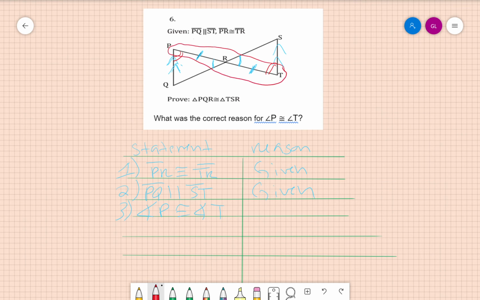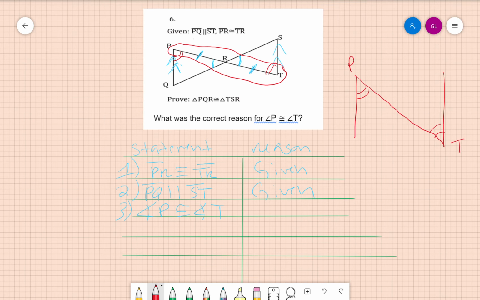So if you can maybe ignore QS, we have PQ being parallel to ST. So we have something that looks like this: PQ, ST, and then PT. Every now and then, draw something like this, take apart a piece of the proof and see exactly what you're looking for. Then this would be P on this side, and this would be T on this side. And what do those look like?